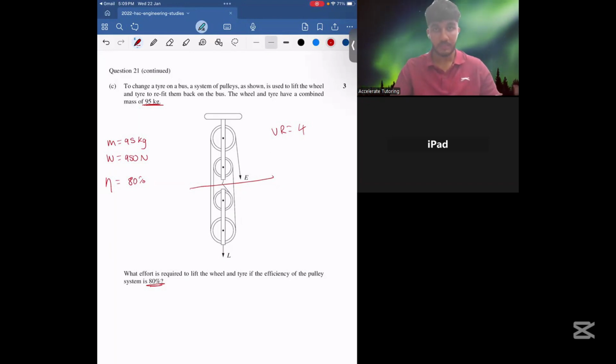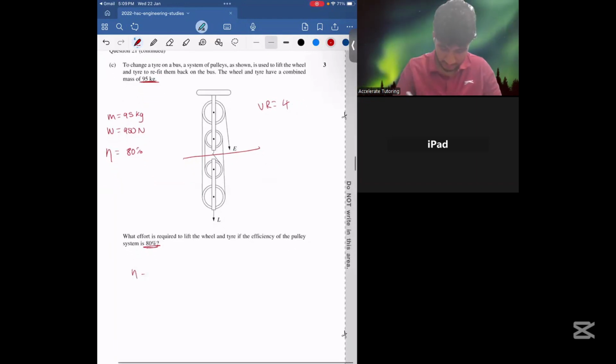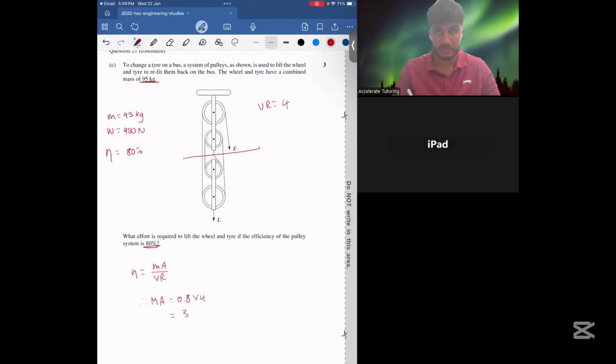Now, we have our efficiency and we have a velocity ratio. So the next thing we want to do is find our mechanical advantage. So efficiency is equal to mechanical advantage over velocity ratio. Therefore, mechanical advantage is equal to 0.8 times 4. That gives us 3.2. Mechanical advantage is equal to load over effort. We know what our load is.